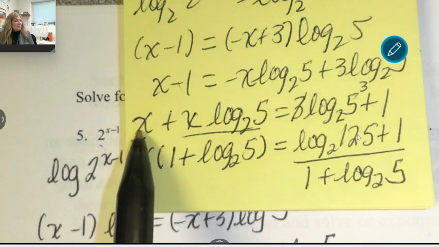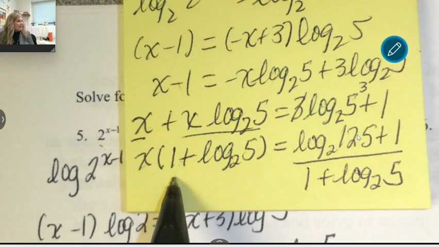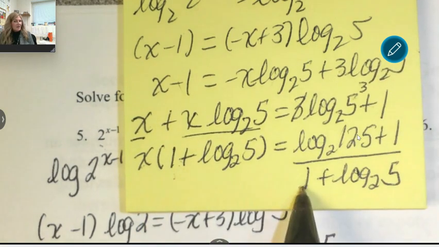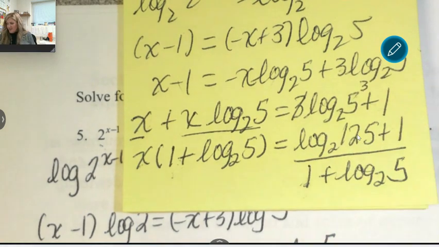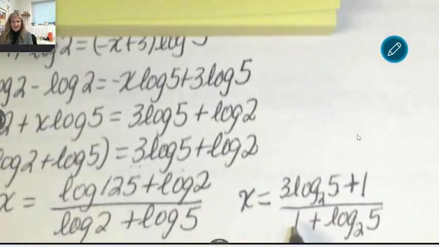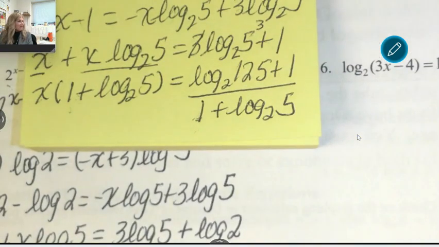Most of the time, if people missed it, it's because when they factored out this x, they did not put the 1. And so they're missing the 1 down here. The other mistake is just with the signs. Okay? That is the same thing as we have down there, just moving that 3 into the exponent.